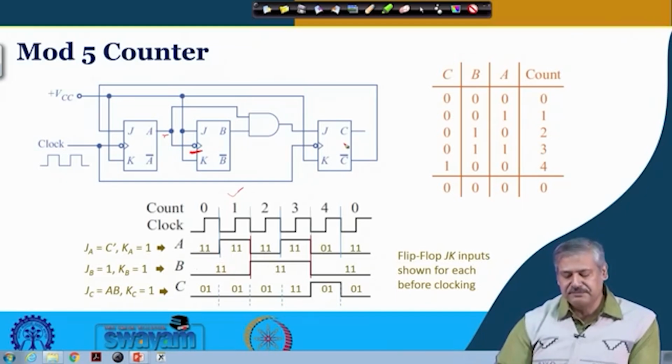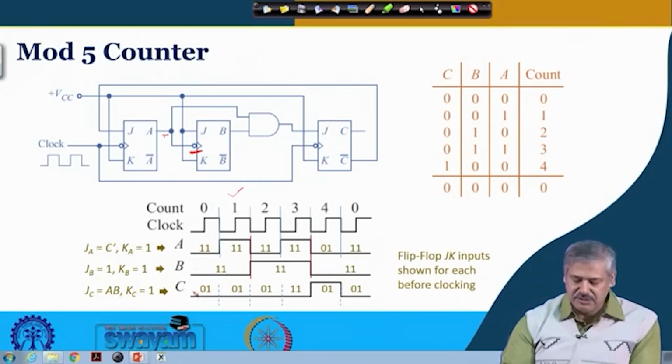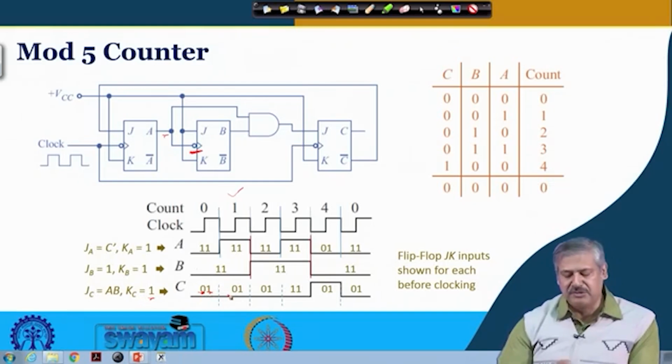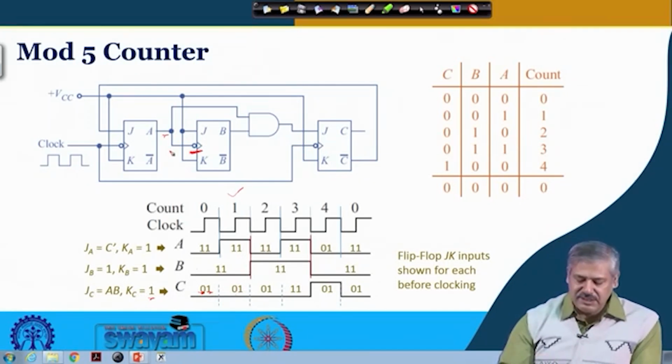What happens to C, right? C, its input is A and B. So, the input is 0, right, and Kc is 1. So, this is always 1. So, this is 0 1. So, the output value will remain 0. This is fine. So, after one clock pulse, right, what we can see, the values are 0 0 1.